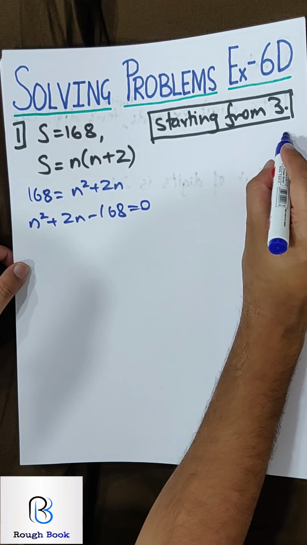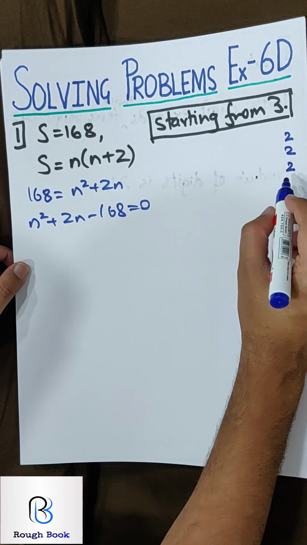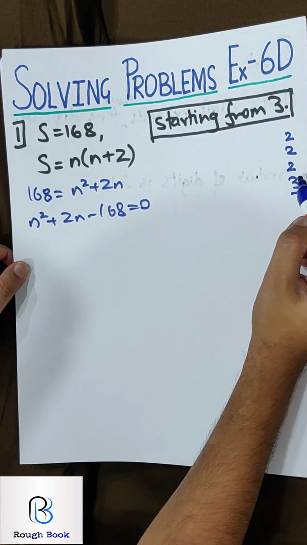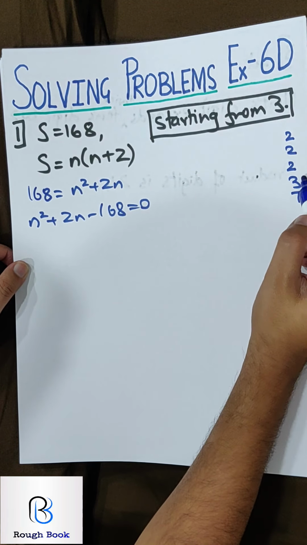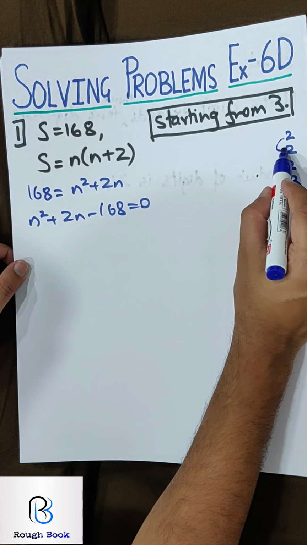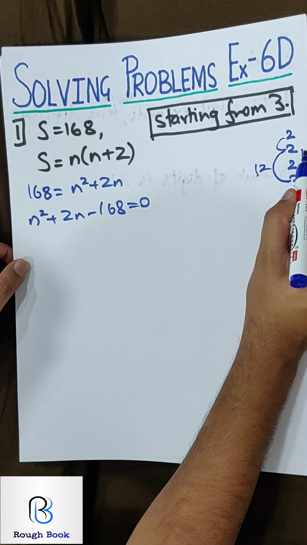So I'll have to split 168. So factors: 2 times 84, 2 times 42, 2 times 21, 3 times 7. So for 2, can I take 2 2s are 4, 4 3s are 12 and 7 2s are 14? See, 2 2s are 4 and 4 3s are 12 and 7 2s are 14.